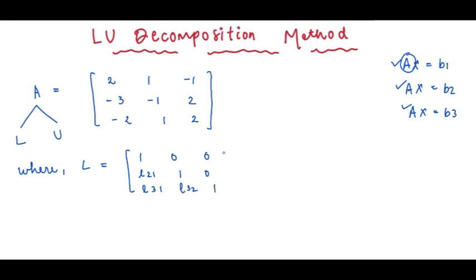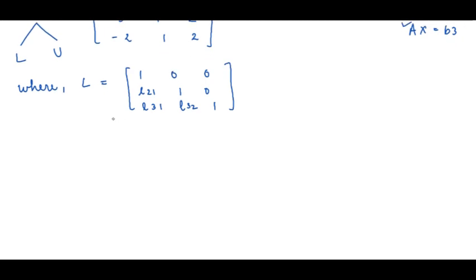Notice that every element above the diagonal is 0 here. The diagonal entries are usually taken as 1 in Doolittle's method, which we will study today. And the upper triangular matrix U will be U11, U12, U13, 0, U22, U23, 0, 0, U33. Here every element below the main diagonal is 0.